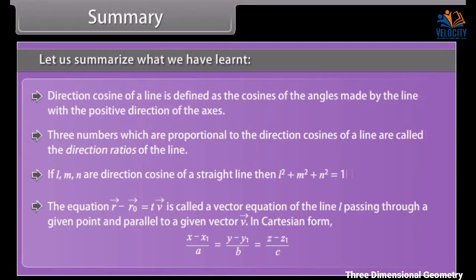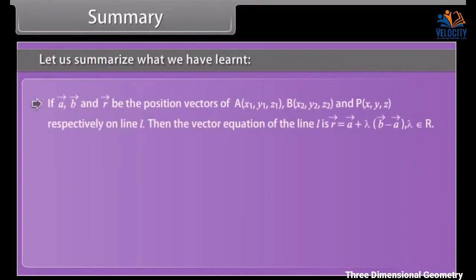In Cartesian form, if vectors A, B, and R be the position vectors of A (x1, y1, z1), B (x2, y2, z2), and P (x, y, z) respectively on line L, then the vector equation of the line L is vector R equals vector A plus lambda times vector B minus vector A, where lambda belongs to real numbers.